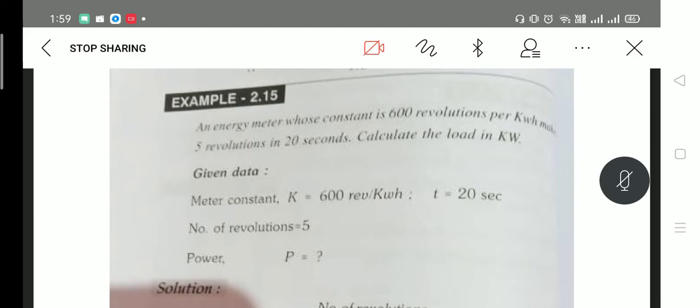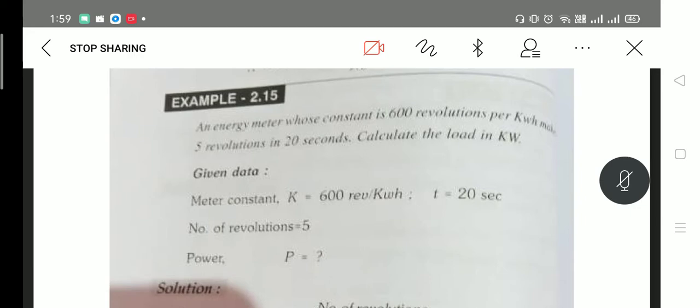Calculate the load in kilowatts. He is asking the power in kilowatts, right? The K value is given, that is 600 revolutions per kilowatt hour here, and 5 revolutions is given as the number of revolutions, and time is also given.